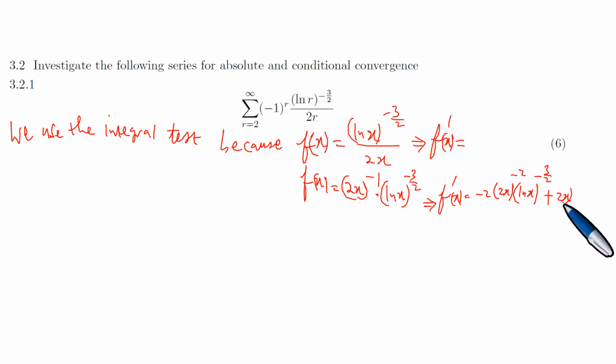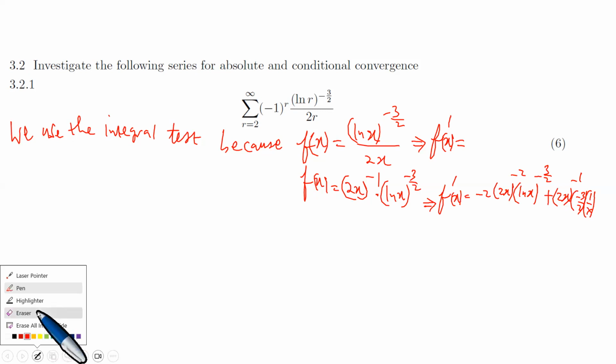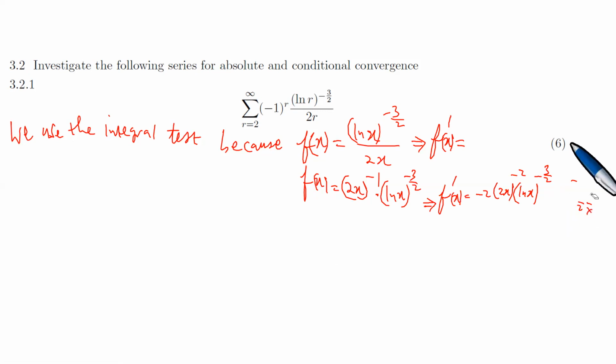Plus minus 1. And then the derivative of that one is minus 3 over 2, one over x. Okay, right at the bottom, minus 3 over 2.